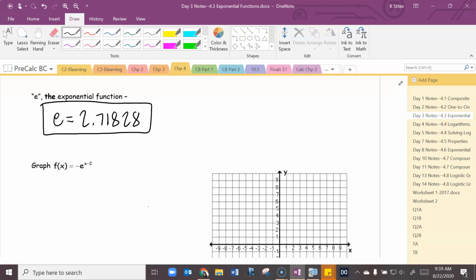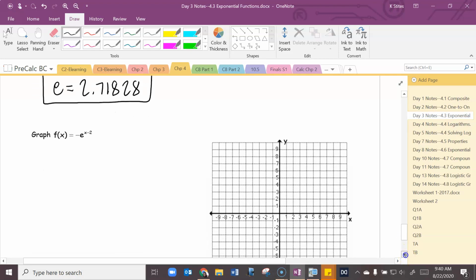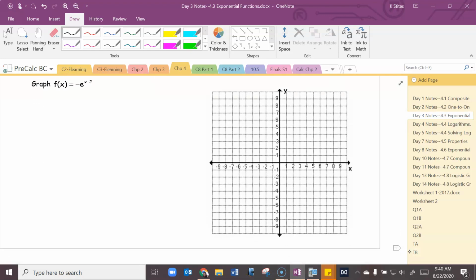And really, it's still an exponential function. It's just E, your base, is a decimal. Okay, but your transformations are still going to be the same. So we would start with e to the x. That would be your parent function. And then, if you notice, this one has a horizontal shift, so that would come next.